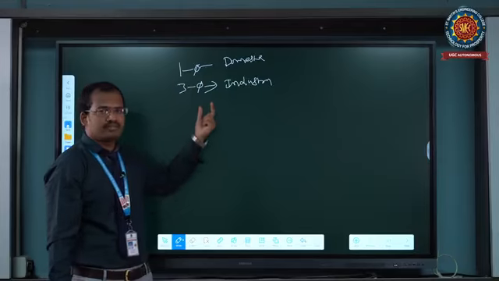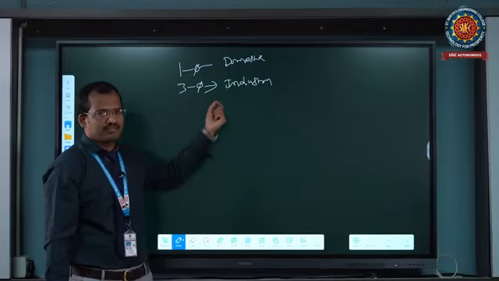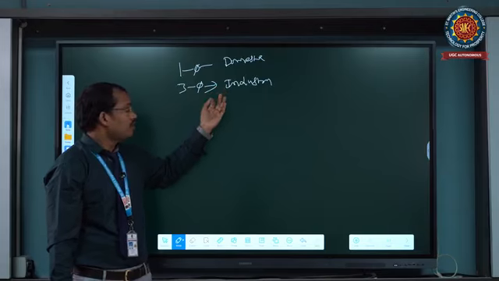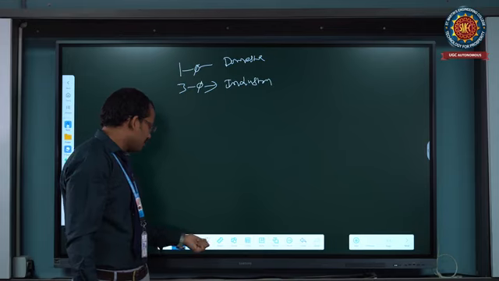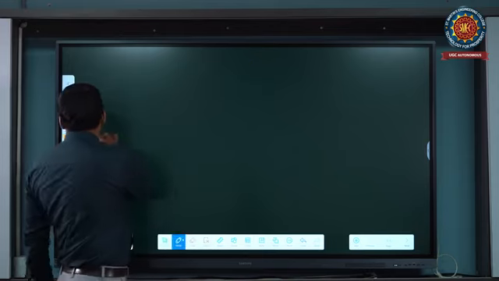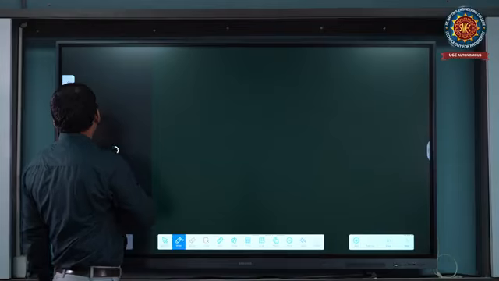So this is the basic information: how a transformer works, how many types and subtypes there are, and the principle of the transformer. Next we are going to the PPTs.